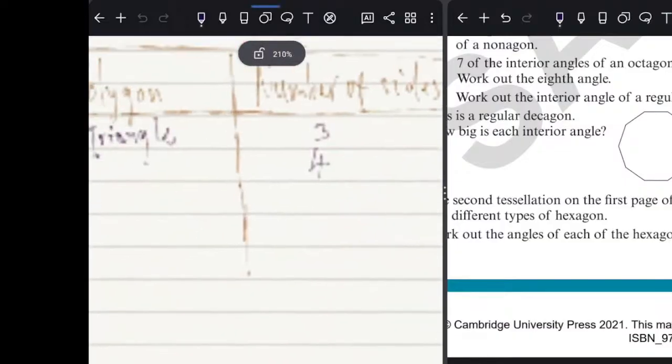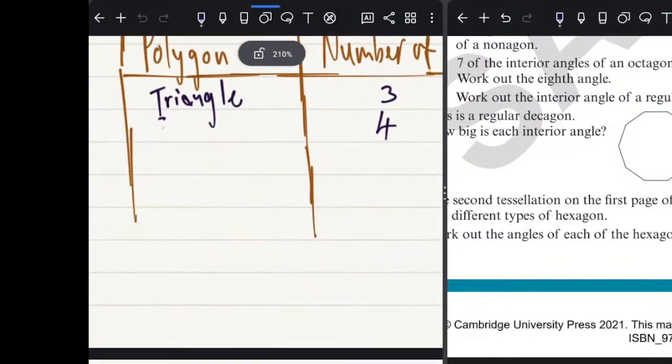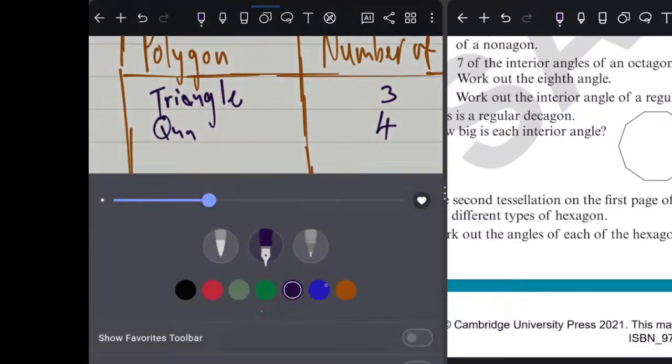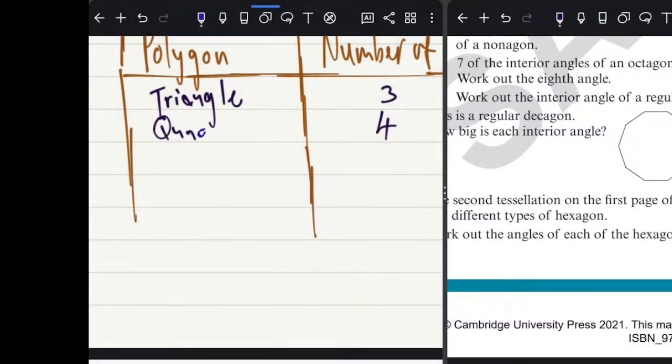I said a shape with 4 sides is called a quadrilateral. Quad is 4. Lateral means sides. So if it's a quadrilateral, it has 4 sides.